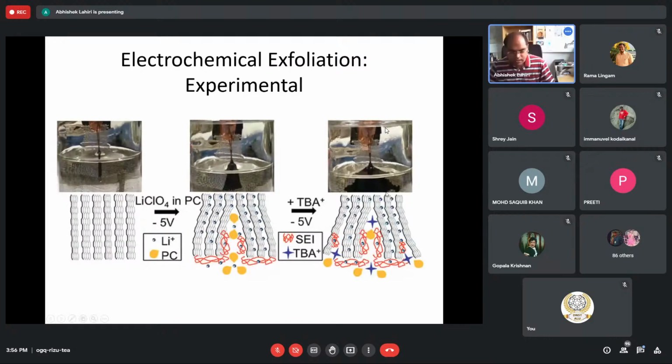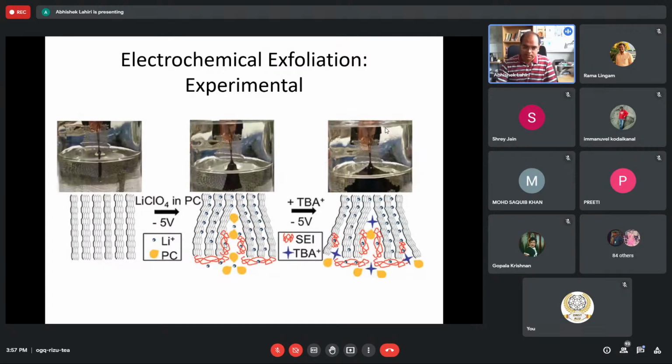Now, in case of electrochemical exfoliation, I talked about the electrochemical series because one needs to understand a bit more. Here we have something called SEI, the solid electrolyte interface, which is more relevant to people working in batteries. They will understand SEI very clearly.